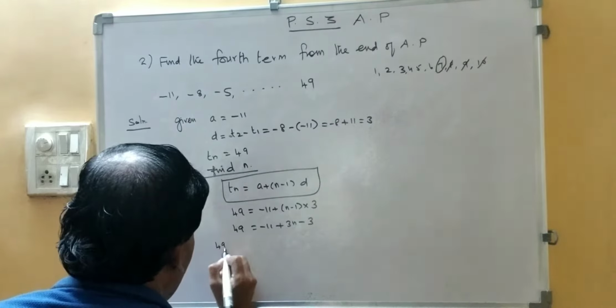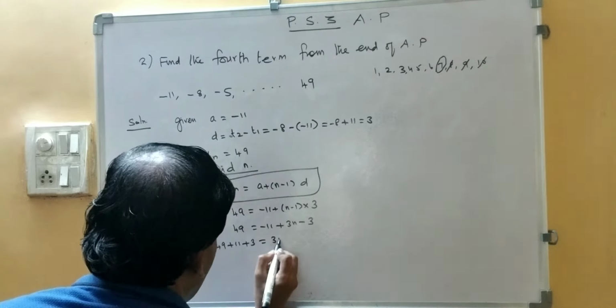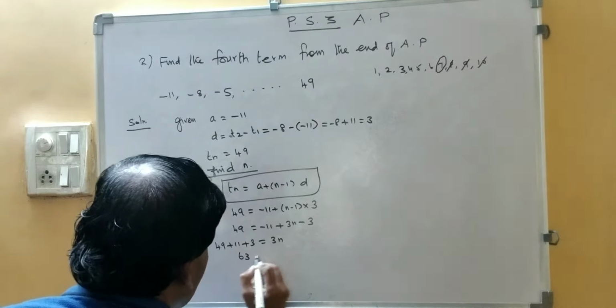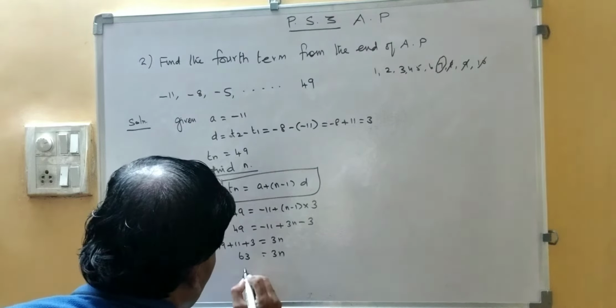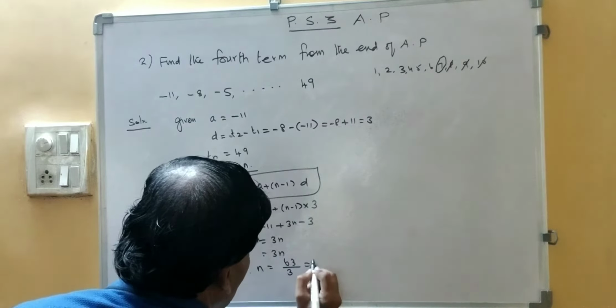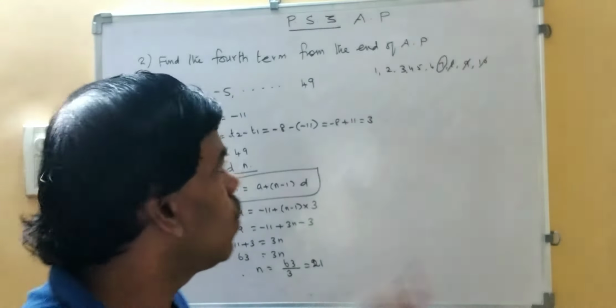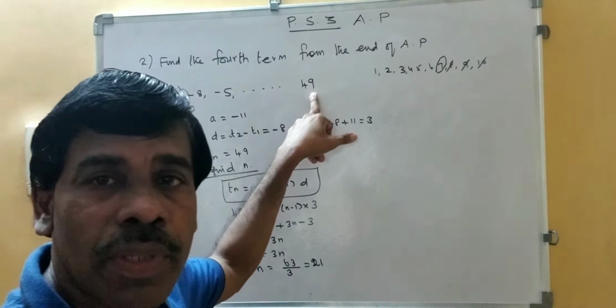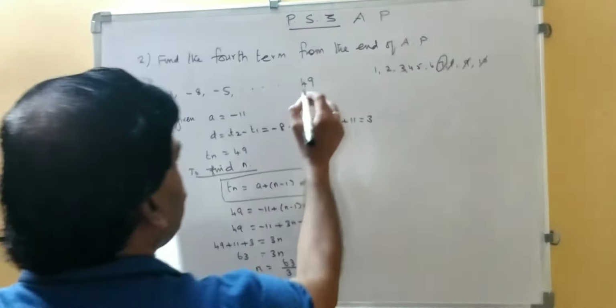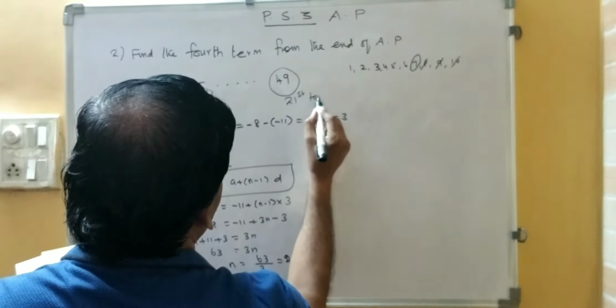So, 49 plus 11 plus 3 equal to 3n. 63 equal to 3n. Therefore, n equal to 63 upon 3 equal to 21. So, what is this term? This is the 21st term.